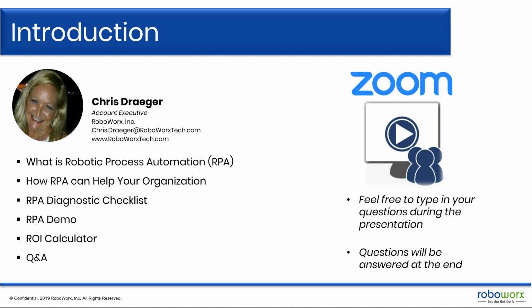We then have an RPA Diagnostic Checklist, which is a fancy word for how do you evaluate which processes would be good processes to automate, which would be good candidates. We then have a demo, so we can show you a robot in action, and an ROI calculator, because RPA is a really good tool for generating ROI for your organizations.